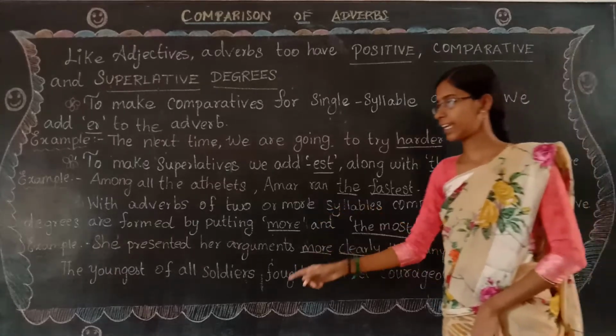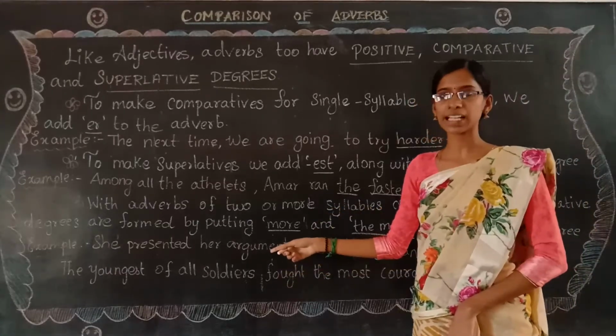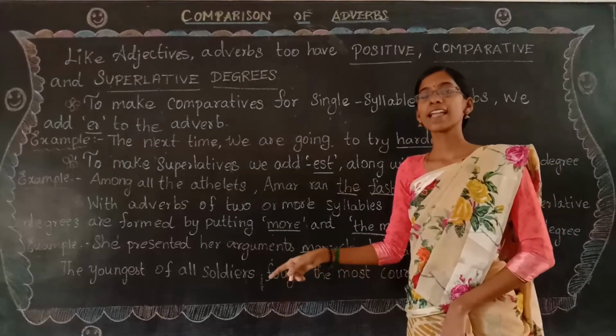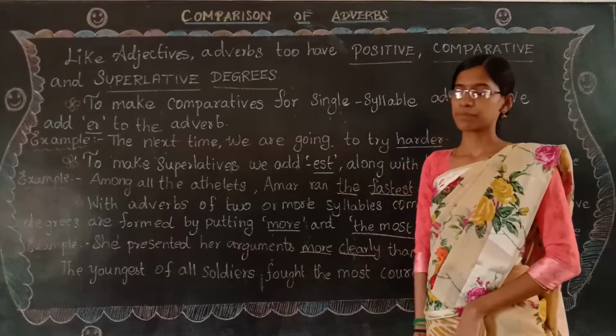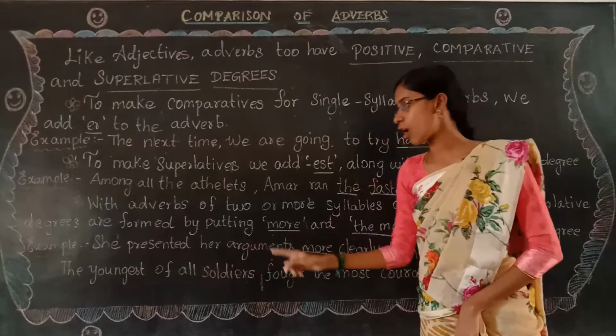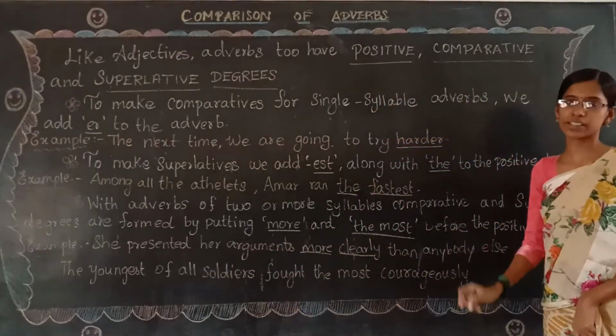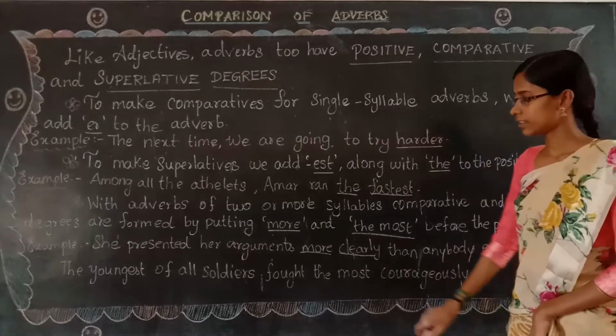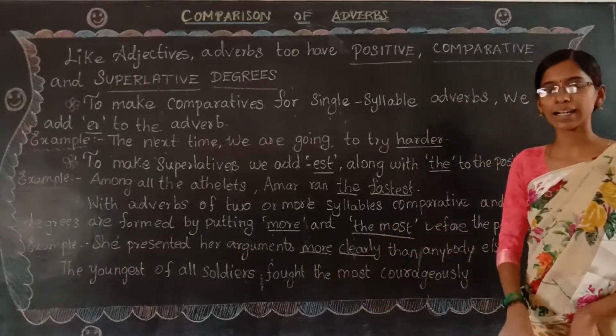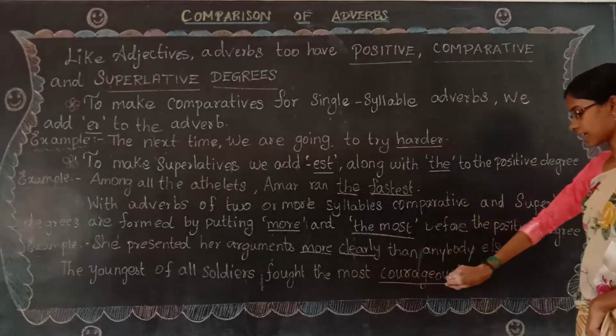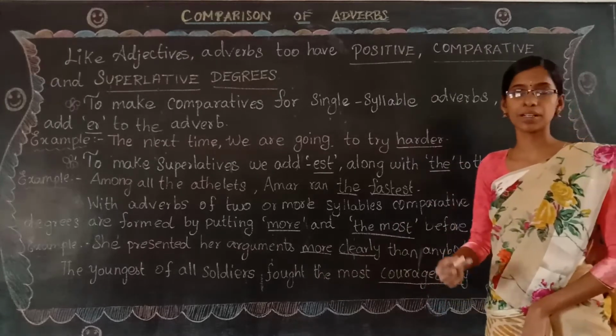Coming to the second example: the first was an example of the comparative degree, and the second one is an example of the superlative degree. The youngest of all soldiers fought the most courageously. Here, what is the adverb word? Courageously. And it has more than two syllables, right?